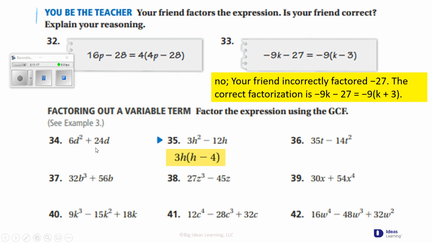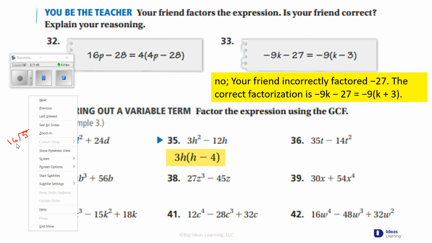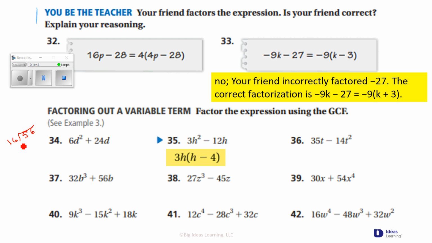Let me write this out. I can't quite figure that out in my head. Let's see, 56, does 16 go into it? I would need it 6 times. No, it would not go into it 6 times.